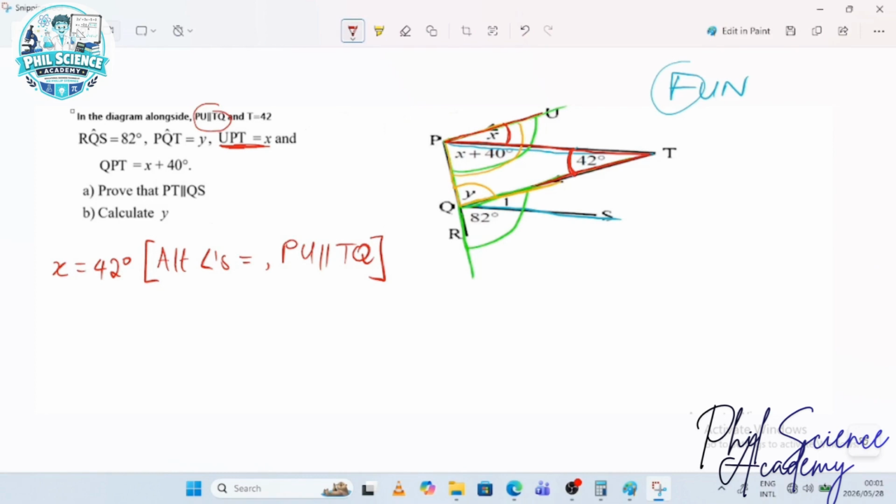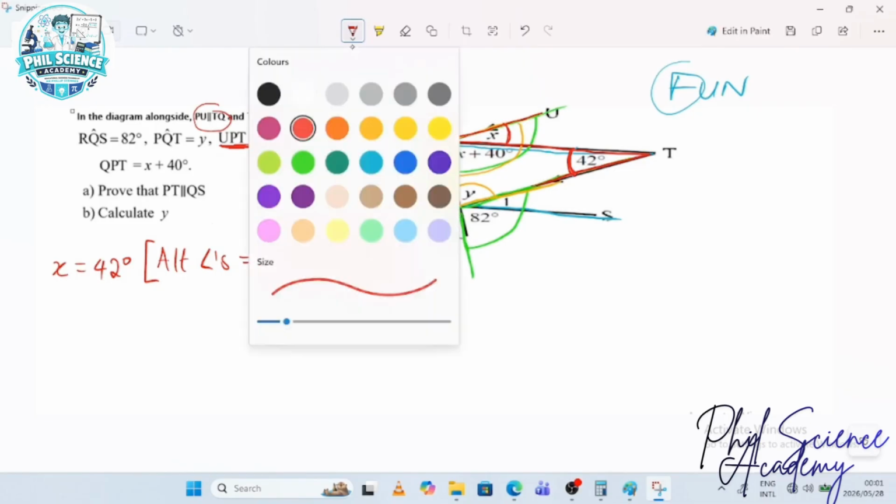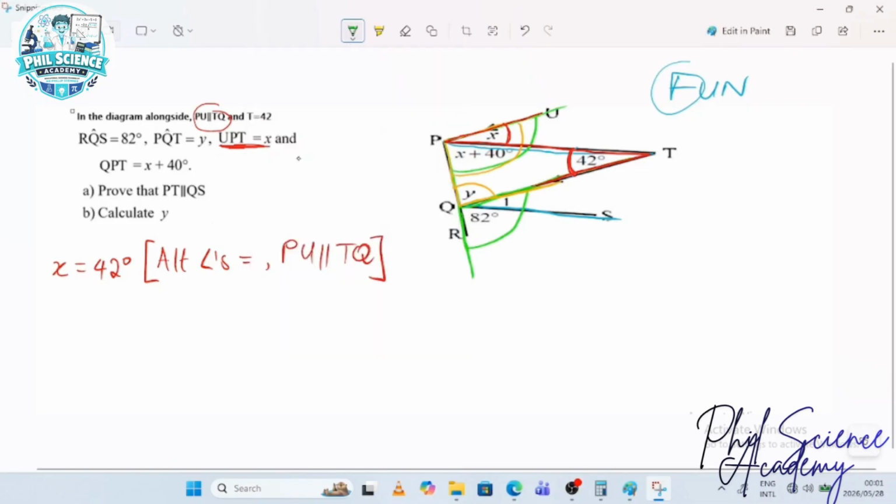Let's use our green angles, which is F.U.N, right? The angles forming an F. We can see that since this is going to be 42, we already know that our X is 42. And then here we also have X, so we'll substitute 42.